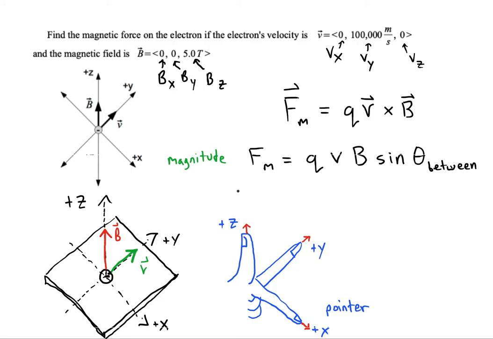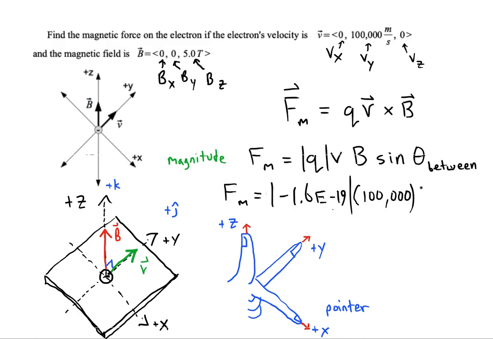So let's plug in, put an absolute value around it, and let's see, we would have negative 1.6 times 10 to the minus 19 times 100,000 times 5 Teslas times sine of 90 degrees.